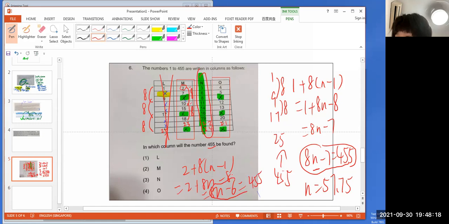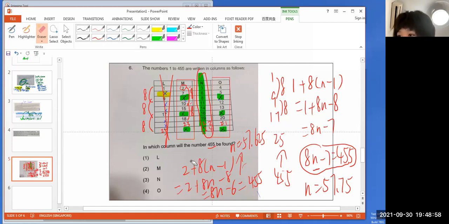Let me check. No, it can't. Your n here will be 57.6. This one is so simple, n will be 57 something, so definitely not here.